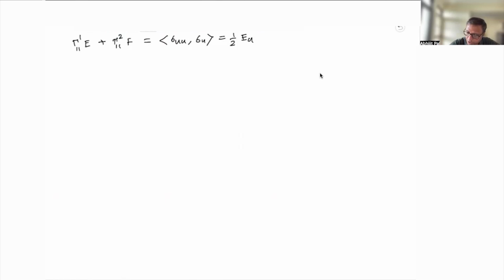Okay, so how have we obtained this equality? Let us see. We know that E is equal to the inner product of sigma u with sigma u.